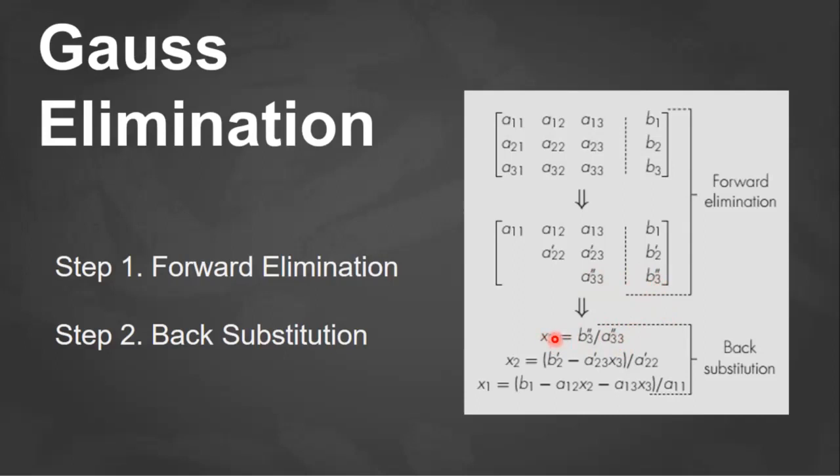For x3, we back substitute this to this expression so that we can solve for x2. Then x2 and x3 are back substituted here so that we can solve for x1. In that way, we'll solve all our unknowns. So again, Gauss elimination, just two steps: forward elimination, then back substitution.